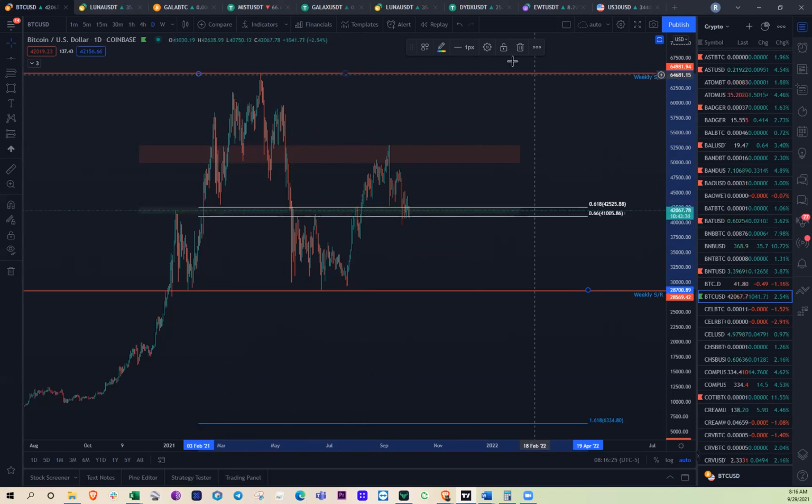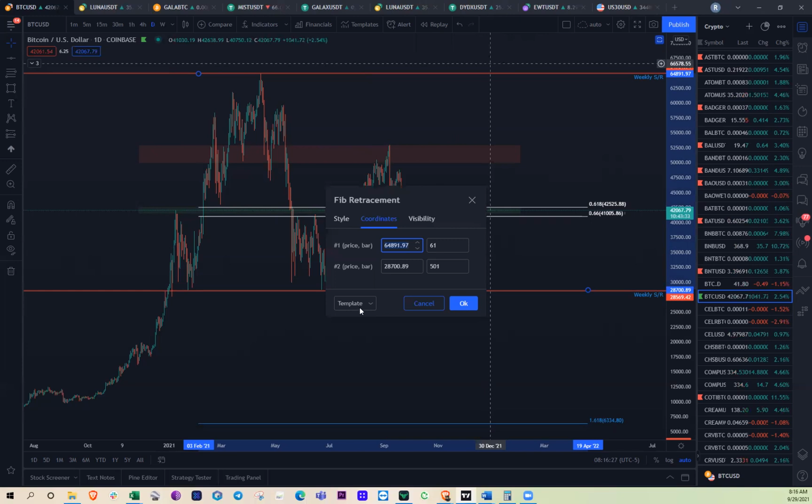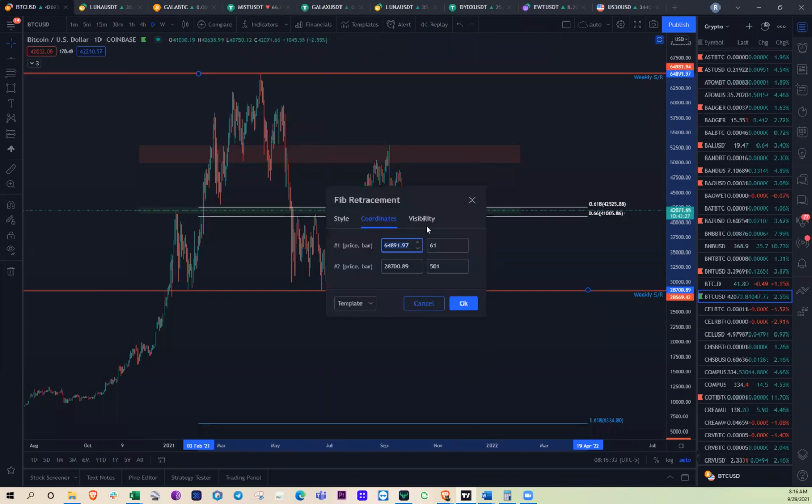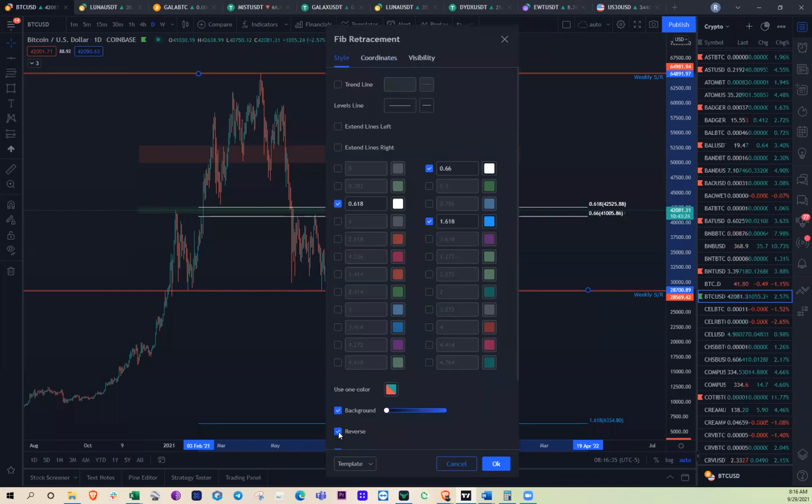Then we could draw it the other way from the bottom up, or you could simply hit the settings, go to style, and either uncheck or check this reverse box, and it's basically doing the same thing, plotting it in the opposite direction for you.